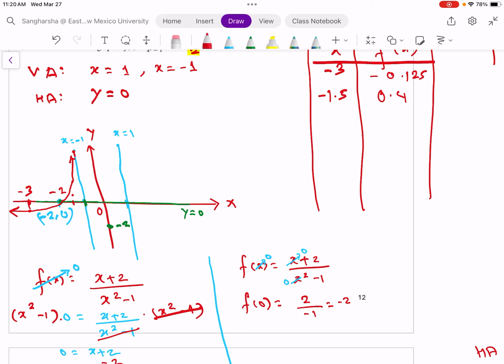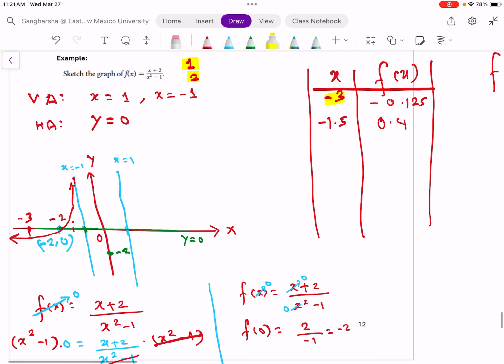So what about the horizontal asymptote y equals 0? It means when we extend our graph on the left side, so when we choose a very small number, our f of x is very close to 0. Like when we choose -3, our output is -0.125, which is very close to 0.